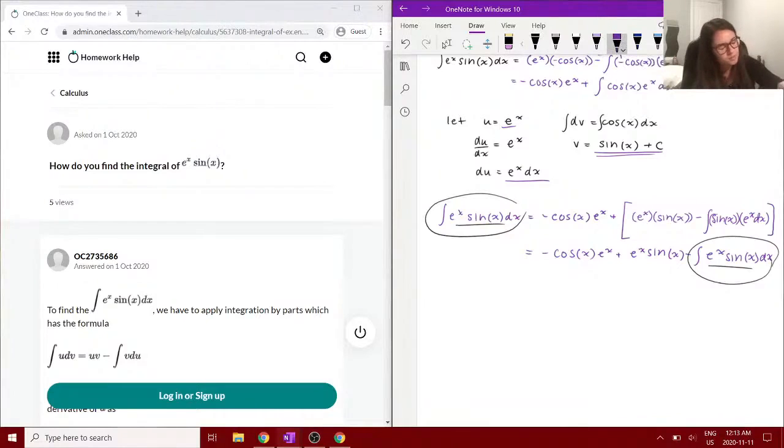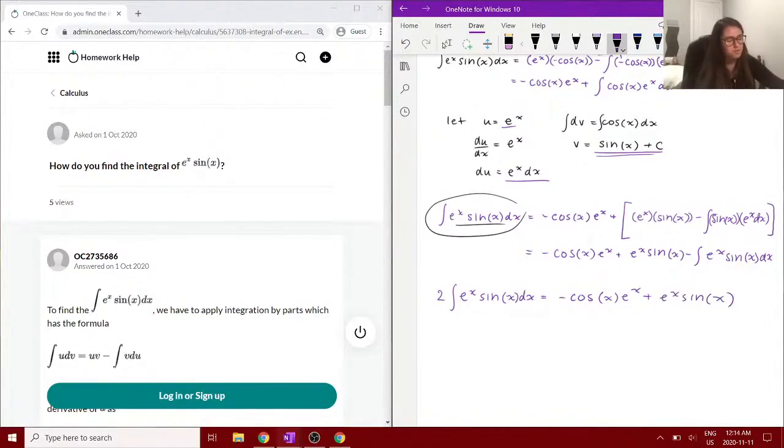So that's what I'm going to do. And when you add this term to the other side, you actually get 2 times the integral of e to the x times sine x dx, and then the minus cos x e to the x plus e to the x sine x.